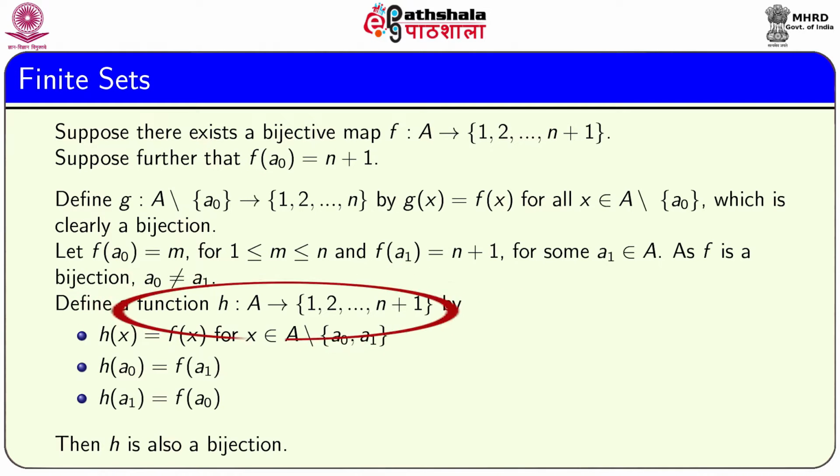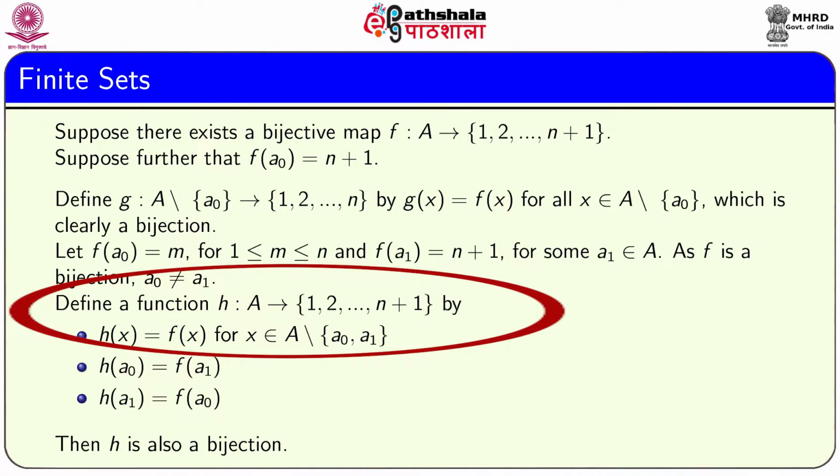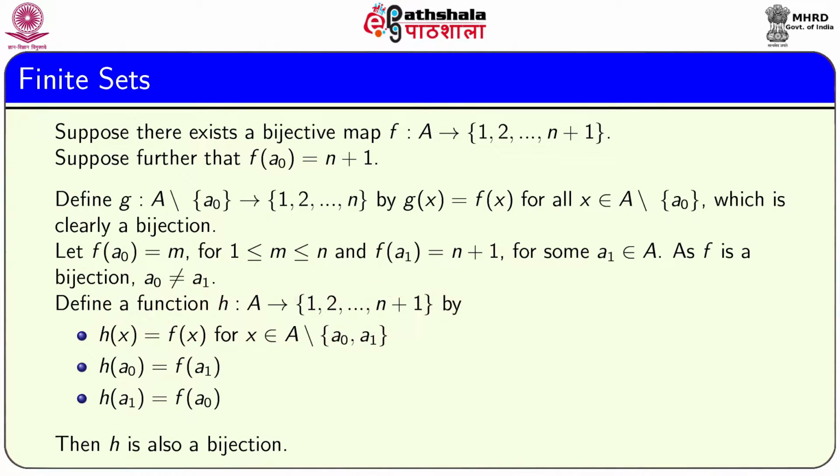Now, define a function H from capital A to the set 1 to n plus 1 by H(x) equal to F(x) for x belonging to A minus {A0, A1}, H of A0 equal to F of A1, and H of A1 equal to F of A0.